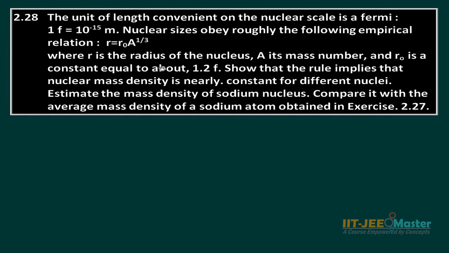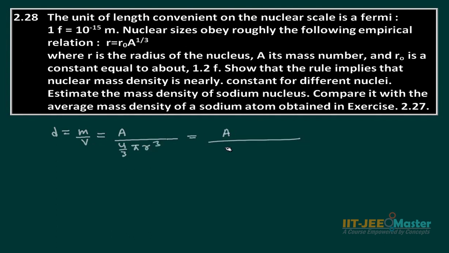To find mass density, first we will prove that mass density is almost constant. Density is mass by volume, while mass is proportional to atomic mass number A, and volume is 4 by 3 pi r cube.